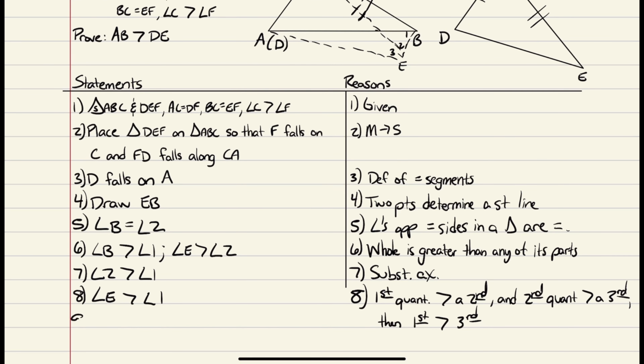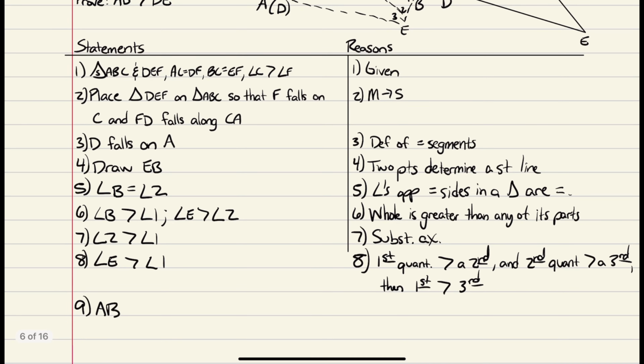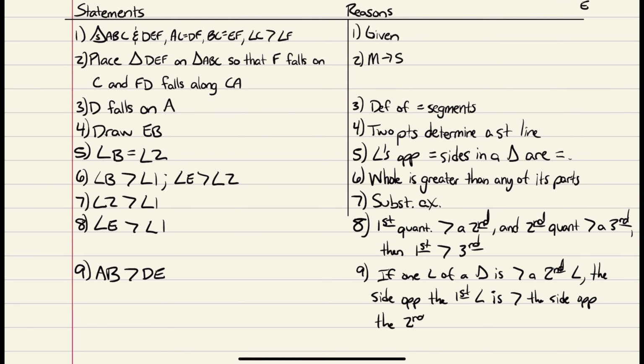We can state that, and I need to go down a line here, number 9, we can say that AB is greater than DE, because if one angle of a triangle is greater than a second angle, then the side opposite the first angle is greater than the side opposite the second angle.